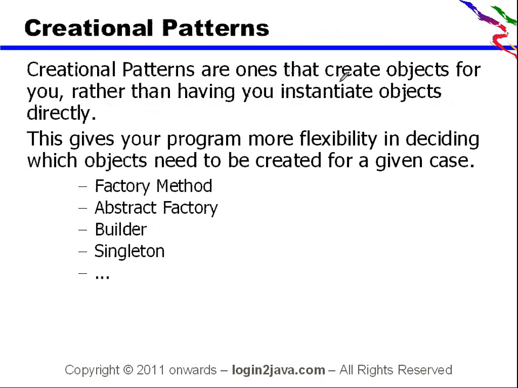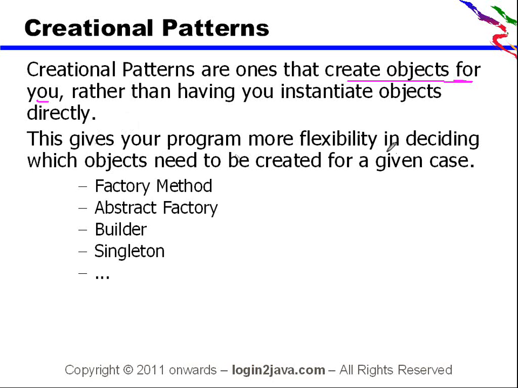Creational patterns are ones that create objects for you rather than having you instantiate objects directly. Normally, a developer prefers to use the new keyword to create objects, but in real practice it is much better to avoid the new keyword while creating objects. Instead, use some creational pattern for more robust and maintainable code.